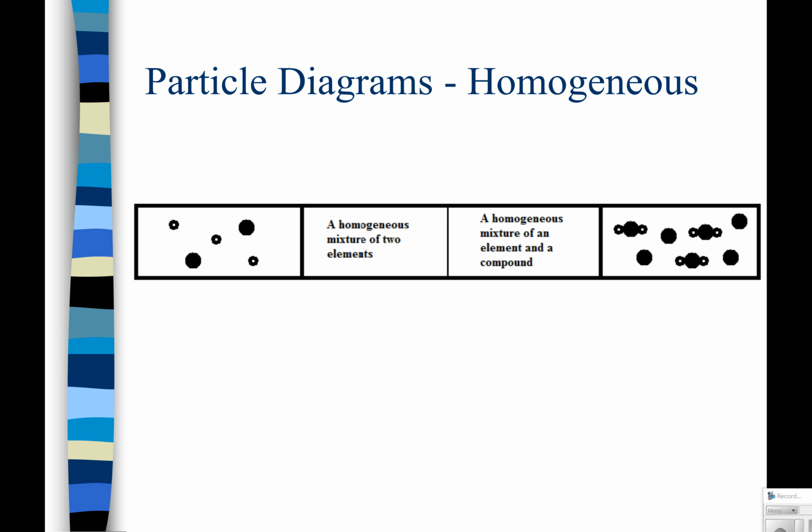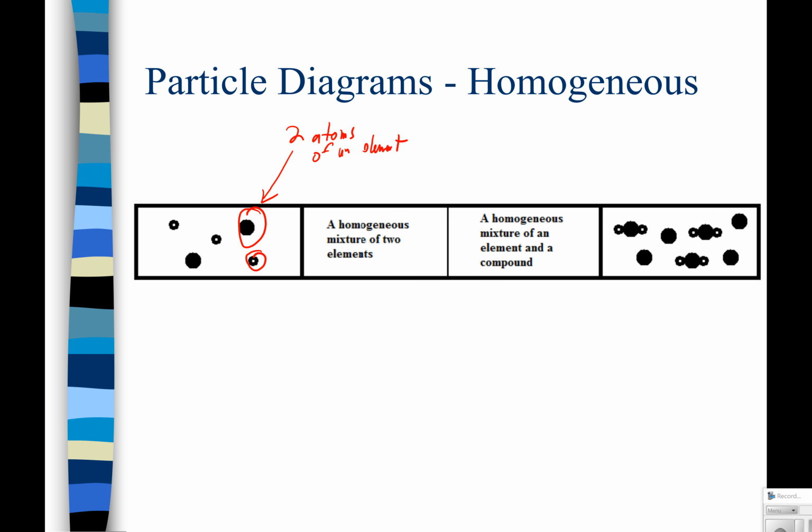Now we can have mixtures. And depending on what different types we have, we can determine what type of mixture it is. So on the left example here, there's two different types of circles. This big solid one and the small open one. Since there's nothing else combined with it, we can assume that those are two atoms of an element.